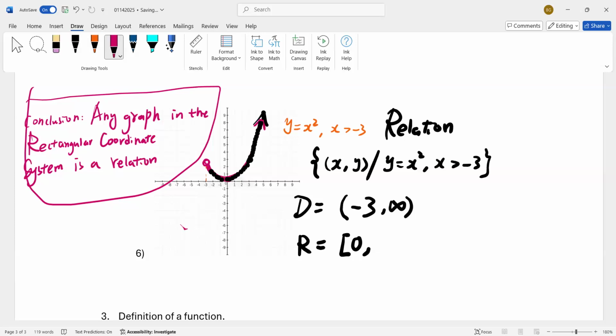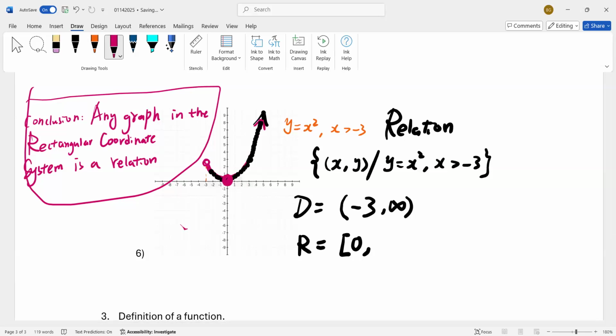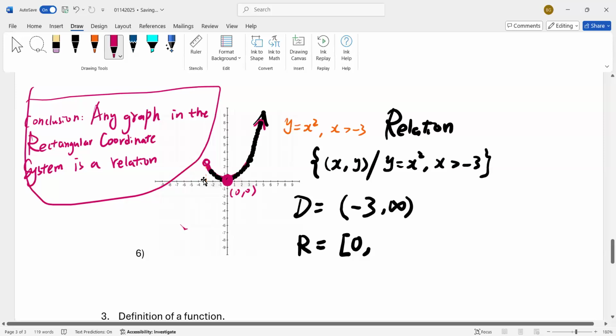Let me explain why 0 is included. Because this point is a solid point. That point is on the curve. That point has coordinates (0, 0), so the y value is 0. That point is a solid point. It is a point on the graph. So 0 is an element in the range, so we use a bracket.